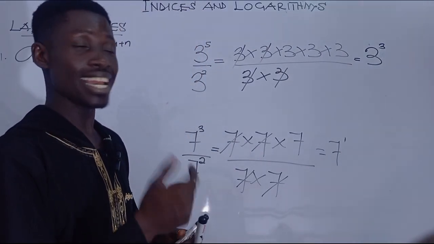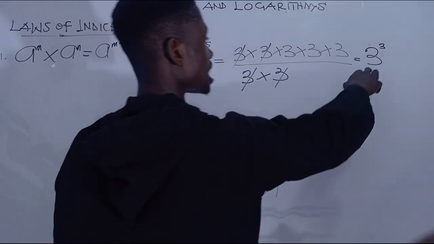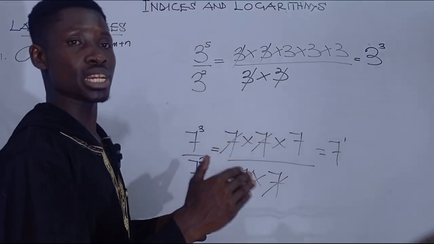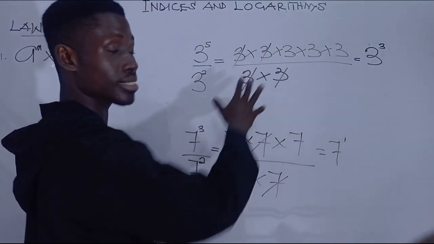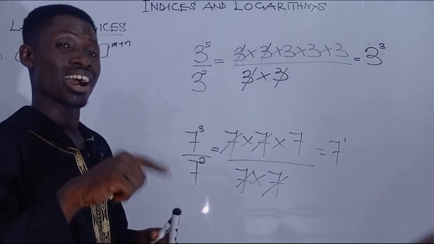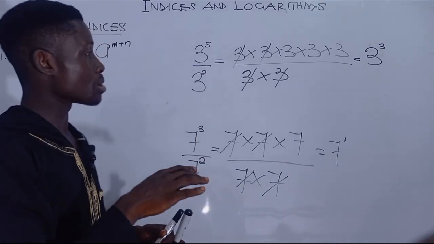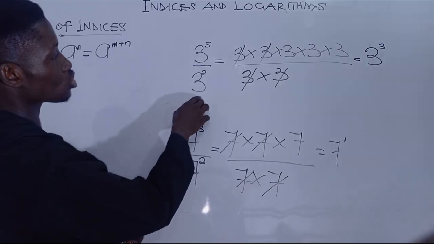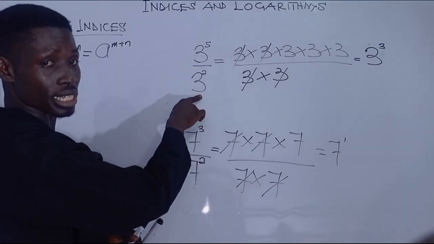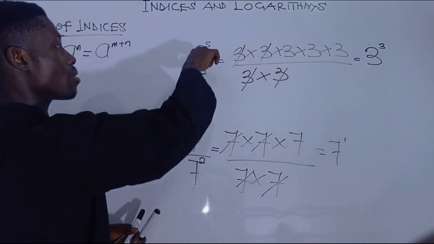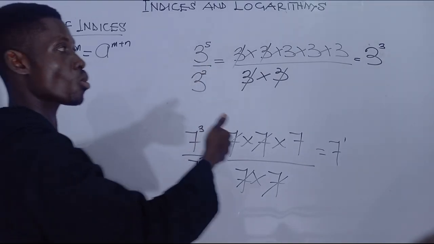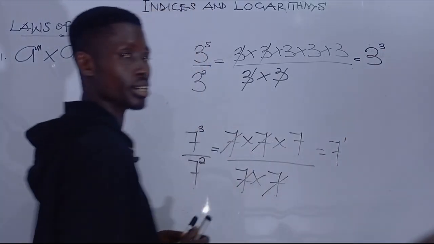Now, is there any other way that we can achieve this result without fully expanding and then cancelling? I believe that your answer is yes, because you can observe that when we subtract the power of the denominator from the power of the numerator, it is equal to the power of this answer.